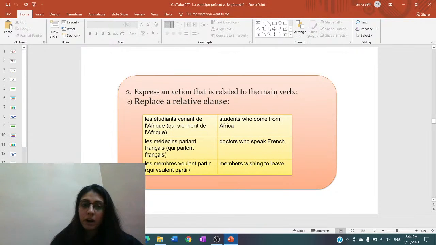Les médecins parlant français. Alors, les médecins qui parlent français. Les membres voulant partir. Les membres qui veulent partir. Same thing as we discussed in the previous examples, the present participle can replace qui.